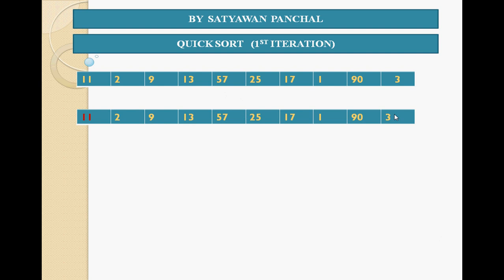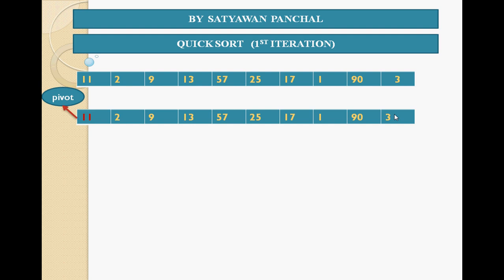Pivot selection plays a very important role in quick sort. The basic belief of many software algorithm developers is that the pivot is selected to be the first element of the list. So 11 here is selected to be the pivot element.